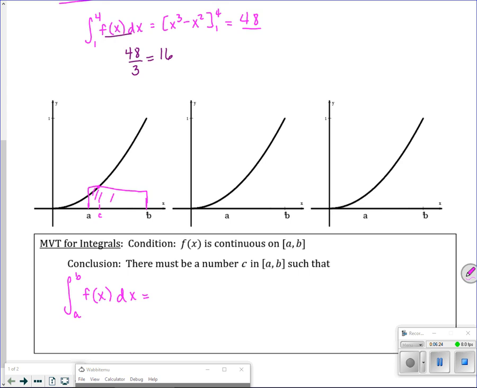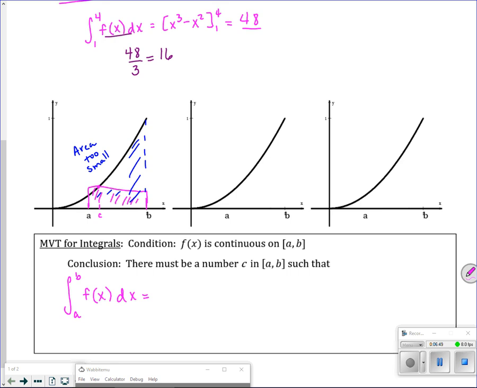Now, does it look like the area of that rectangle is the same as the actual area under this curve? Well, of course not. The area of that rectangle is a bit too small. So then she said, all right, fine.